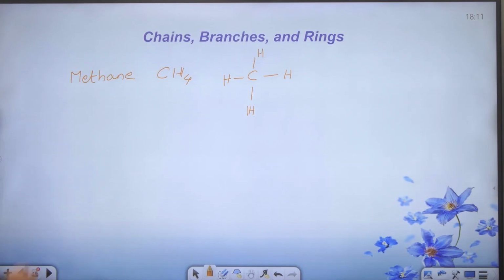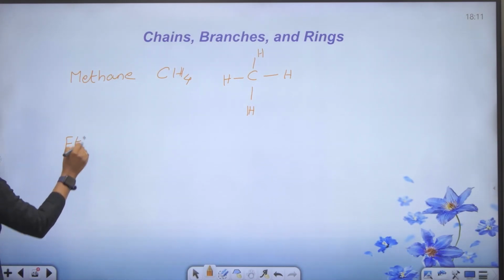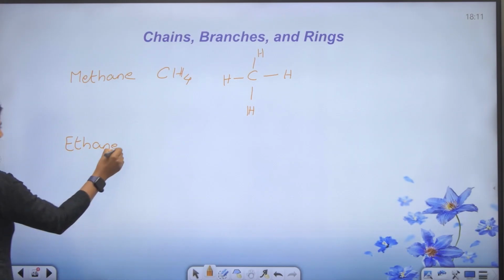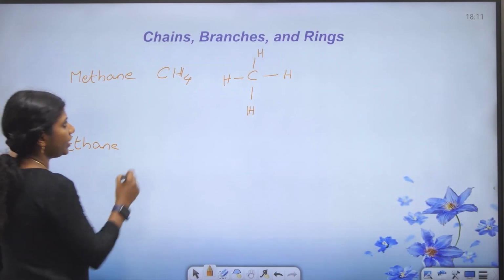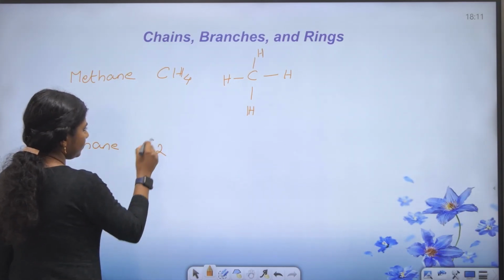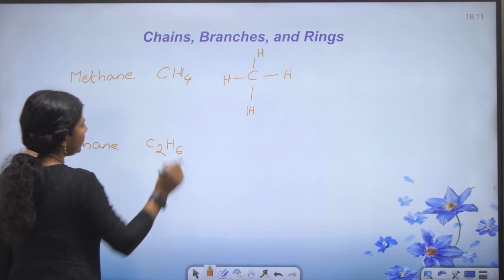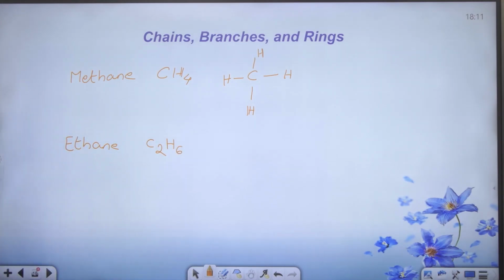And next, the ethane molecule. The molecular formula of ethane is C2H6.